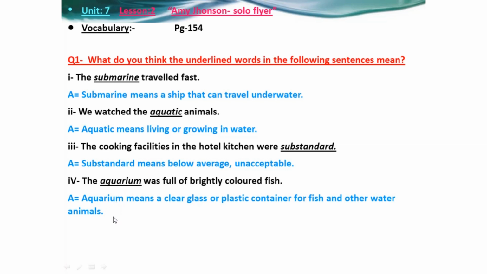The answer will be: aquarium means a clear glass or plastic container for fish and other water animals. Students, in it they put water, fishes, animals, plants, shrimps, whatever water animals and plants there are, they put them all in the aquarium and they keep on growing. We call this thing the aquarium.